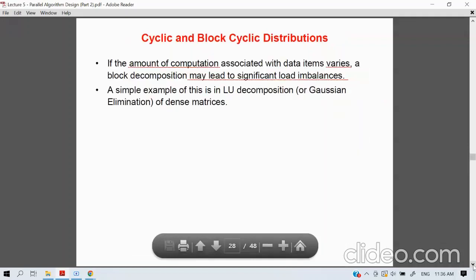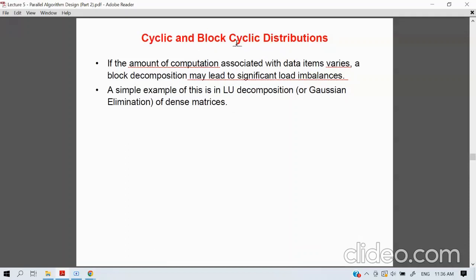All right. So the next one is cyclic and block cyclic distribution, other techniques for mapping. If the amount of computation associated with a data item varies, a block decomposition may lead to significant load imbalance. It's still with the mapping techniques, but in this case cyclic and block cyclic.